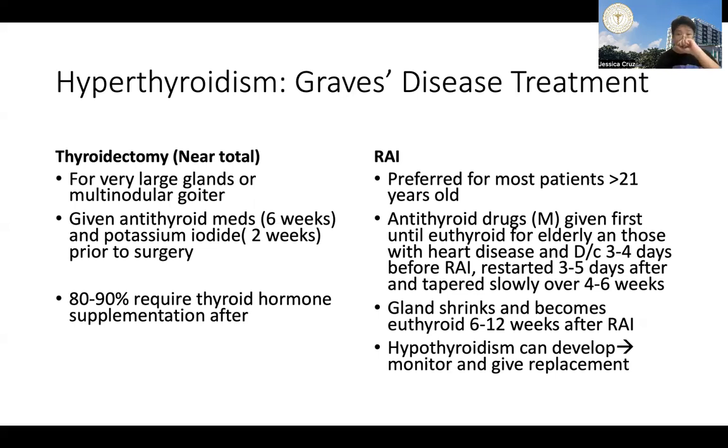Kaya pag elderly, nagbibigay tayo ng suppressive treatment muna, to offset that potential effect from thyroid hormone release as the cells undergo the effects of radiation. Then in 6 to 12 weeks, you usually have a considerable reduction in the size of the thyroid gland, and a state of euthyroid is usually achieved.